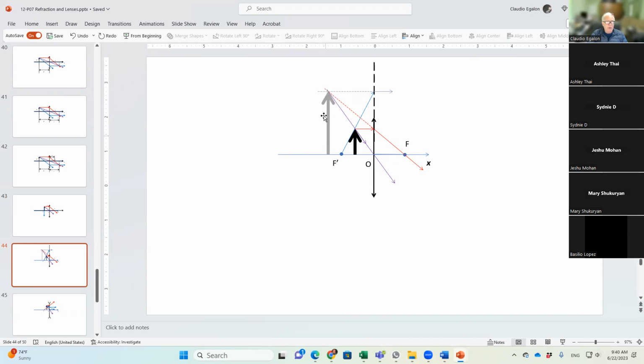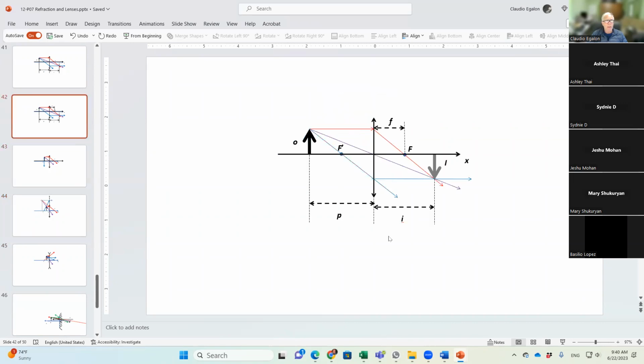It's a larger image that's magnified. It's not small, it's magnified, right? So, those are the conditions that we have for a converging lens, right? Past F prime and before F prime.